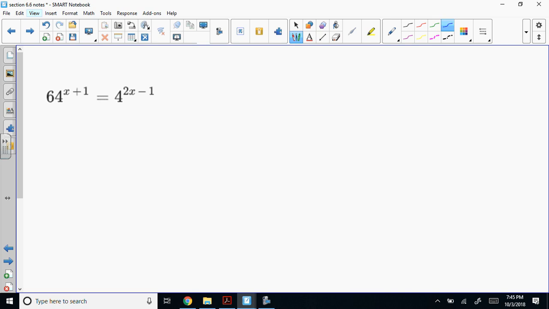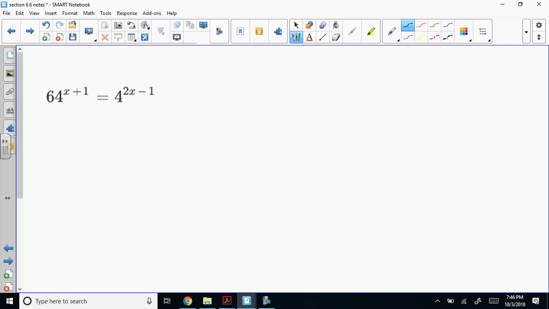You use the properties of exponents. You've got to think about powers of 2s, 3s, and 4s, as well as 5s. 2's up to about a power of 6. 3's up to a power of 4. 4's up to a power of 3, and then 5's up to a power of 3.